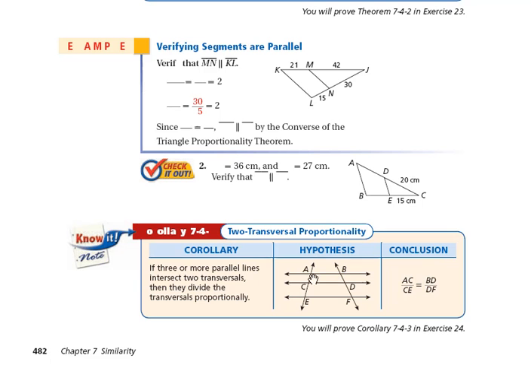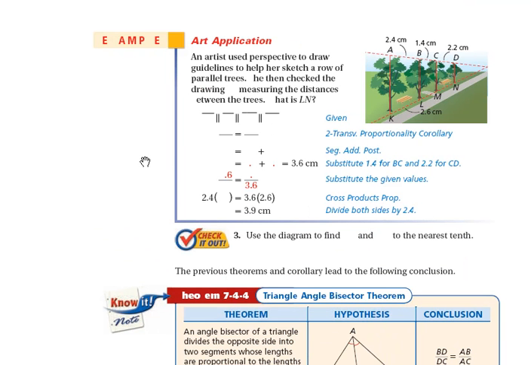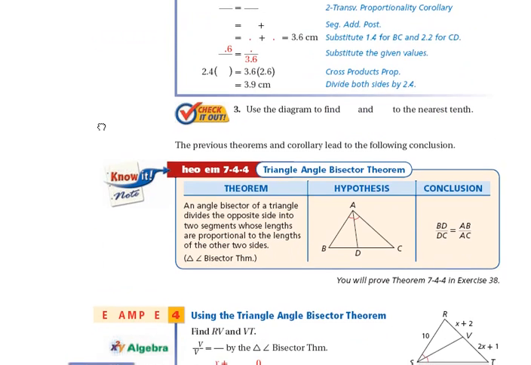So now we have these 3 lines that are parallel, and we have these 2 transversals. Basically what we're saying here is that we have this proportion: AC divided by CE is proportional to BD divided by DF. Kind of follows along the same lines. Here we have an application problem. You can read through that.